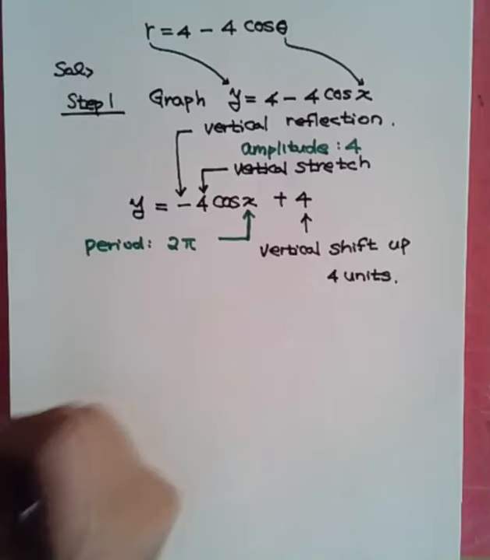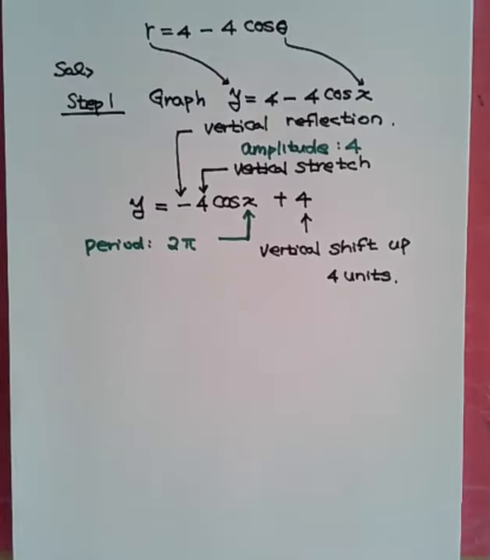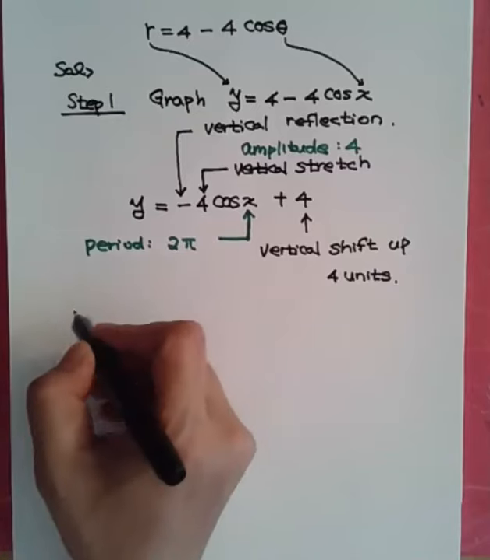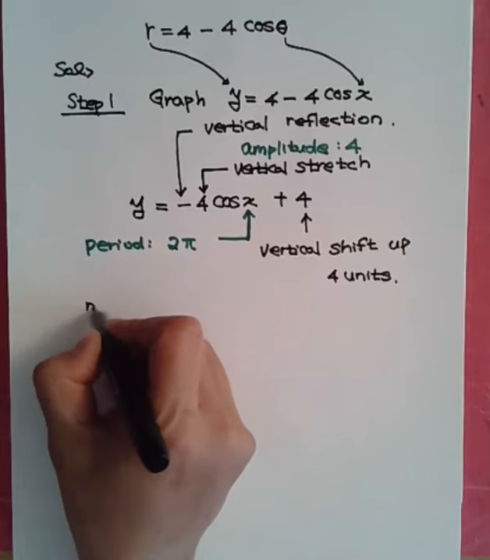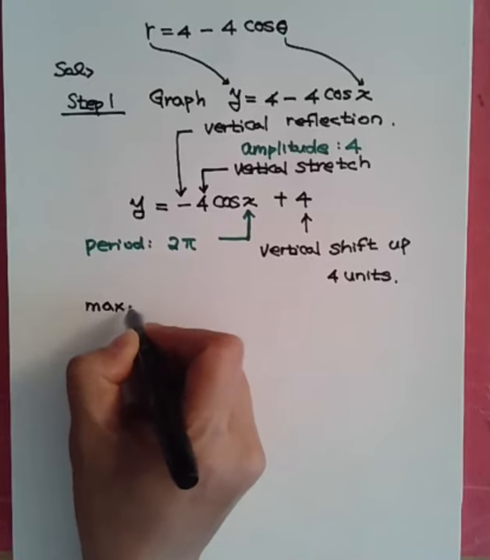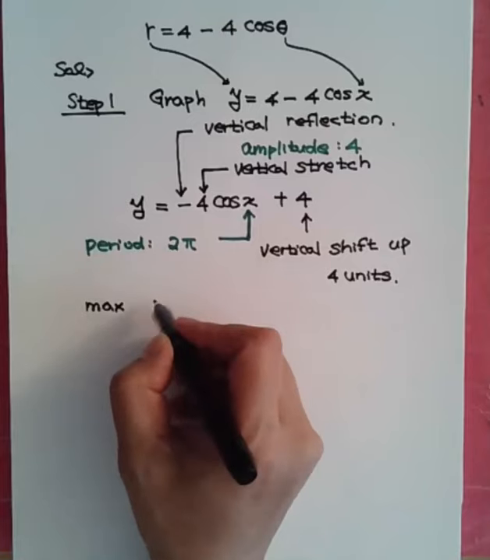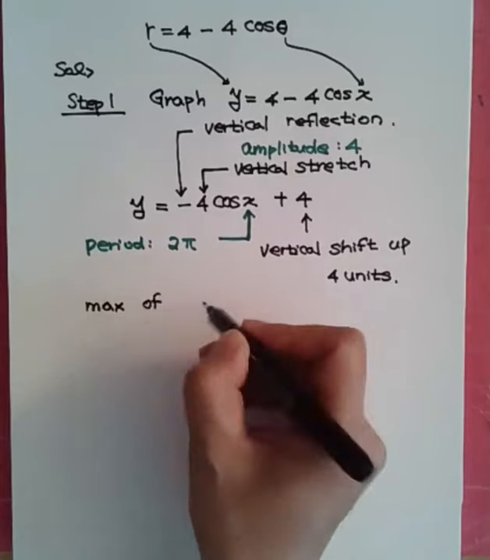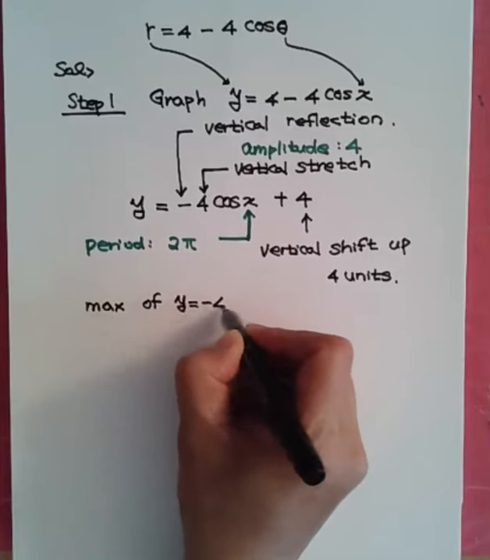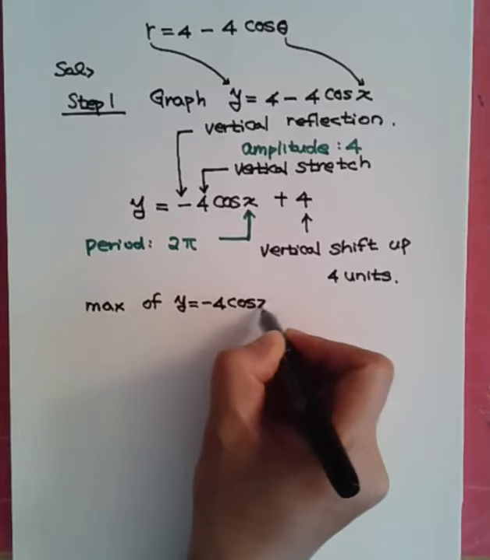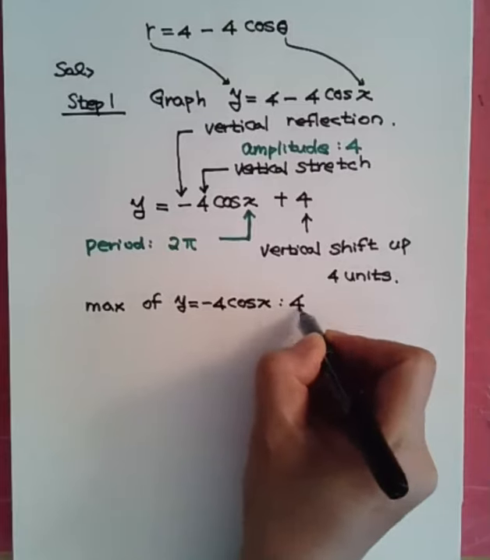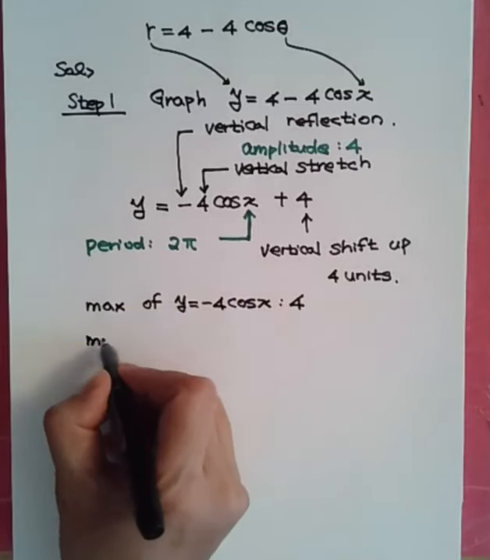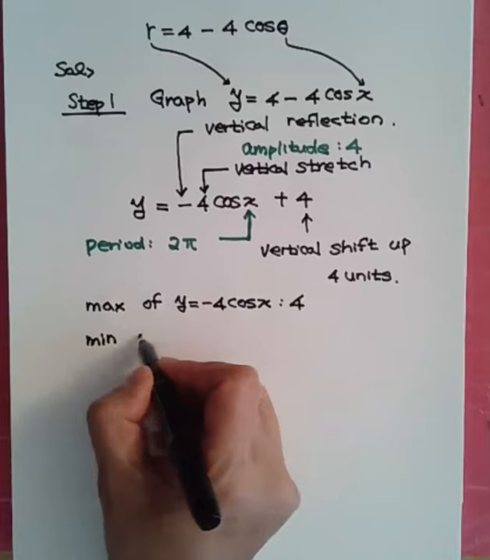Let's consider the maximum and minimum value of y equals minus 4 cosine of x plus 4. Before we do that, let's consider the maximum and minimum of y equals minus 4 cosine of x. The maximum is 4 and the minimum is minus 4.